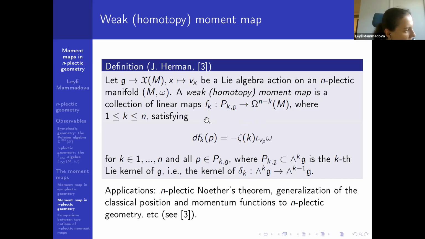The conserved quantities in multisymplectic geometry, if I'm not mistaken, that's the title. They have this result that the components of a homotopy moment map restricted to the Lie kernel give you conserved quantities.